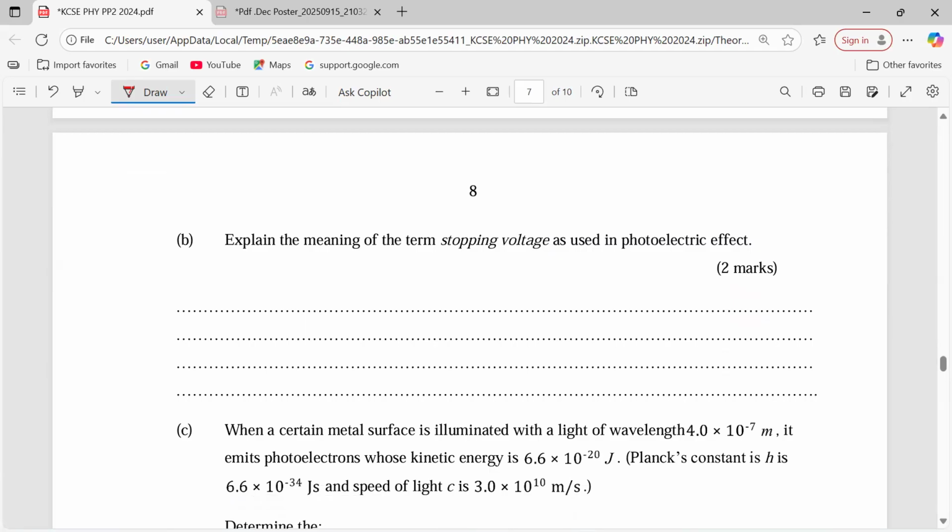Then part B, explain the meaning of the term stopping voltage as used in photoelectric effect. This is the minimum voltage above which no photoelectrons can reach the anode.